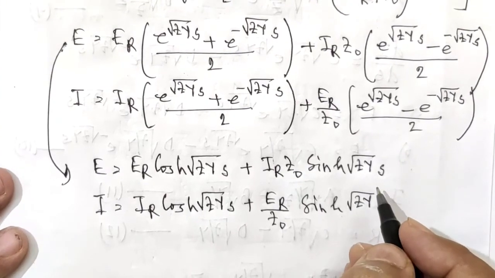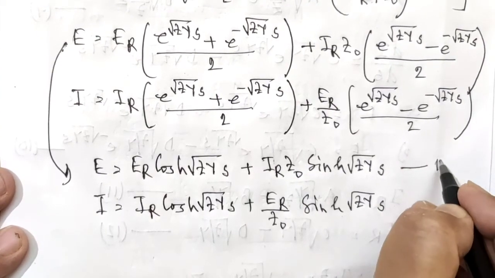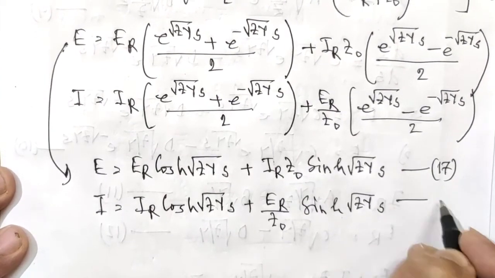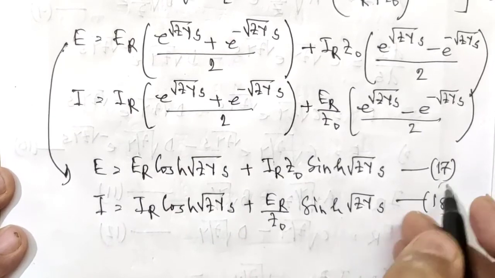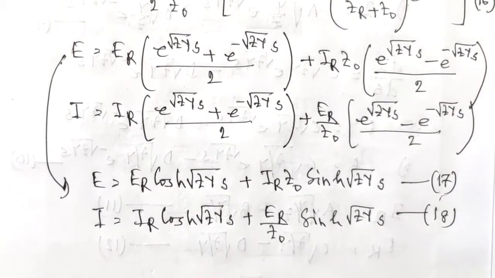So these are our equation number 17 and 18. Now these equations constitute a second very useful form for the voltage and current values at any point on a transmission line.